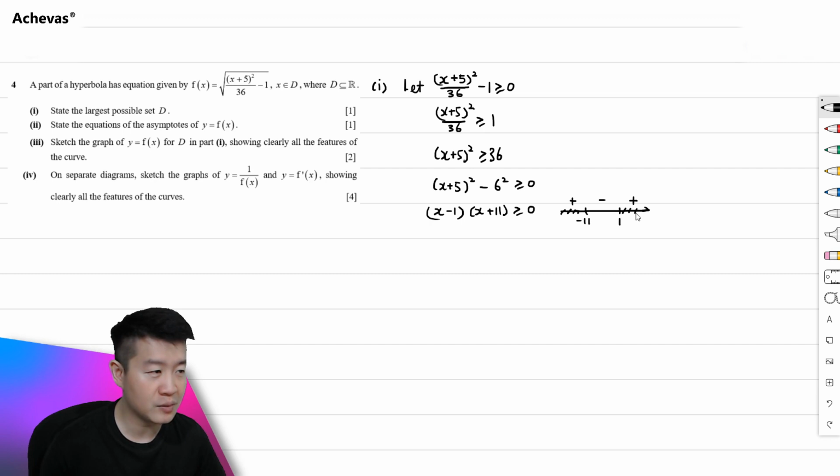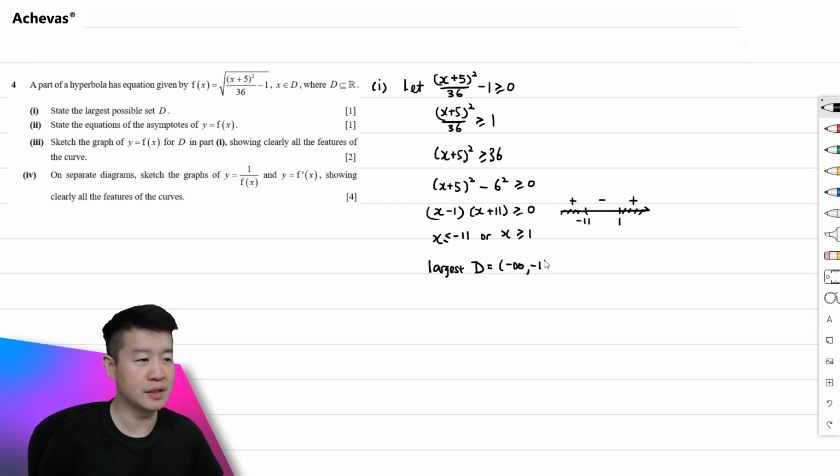So we have this and we have this, which means that x is supposed to be less than or equal to minus 11, or x is supposed to be bigger or equal to 1. We are supposed to find the largest set of values for d. So d here, the largest set of values for d, it will be from minus infinity to minus 11 inclusive of minus 11, or from 1 inclusive of 1 all the way until infinity.